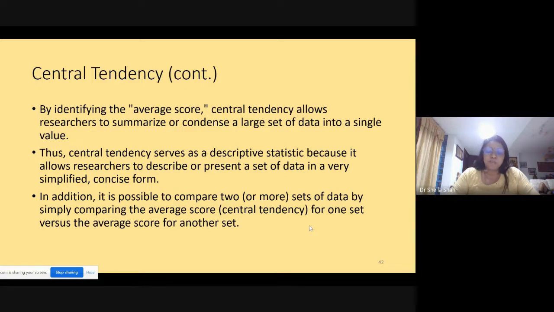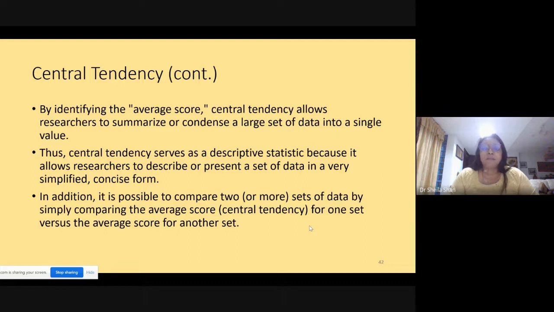In addition, it's possible to compare two or more sets of data by simply comparing the average score. For example, I have two groups of students. One group undergoes face-to-face lectures. Another group undergoes online classes. Now I want to see which group performs better.